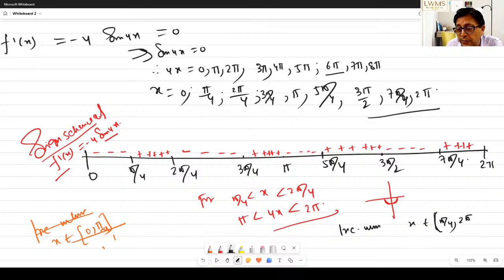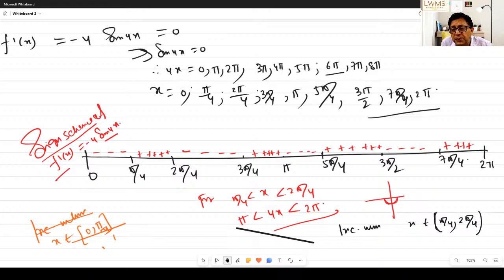Pi by 4 to, in this school otherwise you will not get marks. So it is pi by 4 to what? 2 pi by 4. Then union of those parts where it is positive. 3 pi by 4 to pi, 5 pi by 4 to 3 pi by 2, 7 pi by 4 to 2 pi. It's like that.